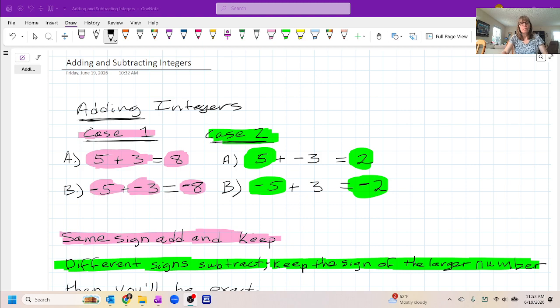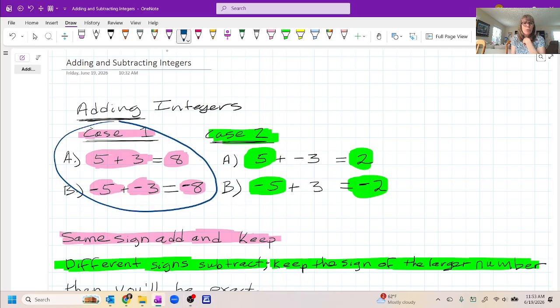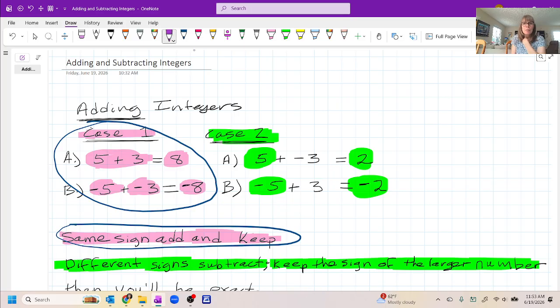So in summary, when you're adding integers, there's really two main cases. This first case is when the numbers have the same sign, so that refers to this part of the poem: same sign, add and keep. You add the numbers and you keep that common sign. And then the second case is when they have different signs.